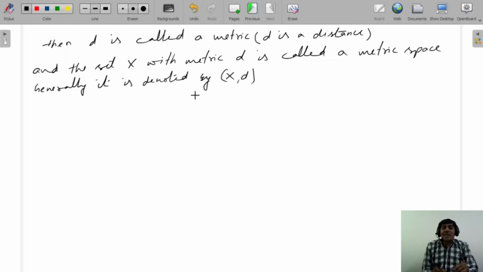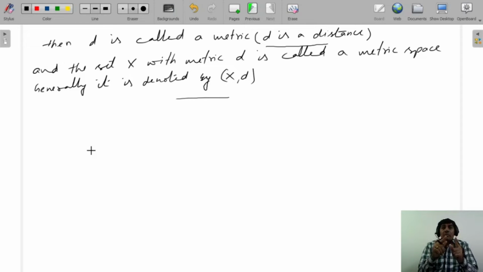Then this set is said to be a metric space with metric D. We have to correlate these four properties. D is a distance. The distance between any 2 points is always non-negative. That means it is either 0 or greater than 0. It cannot be negative. Therefore, d(x,y) is always greater than or equal to 0. This is the first property.